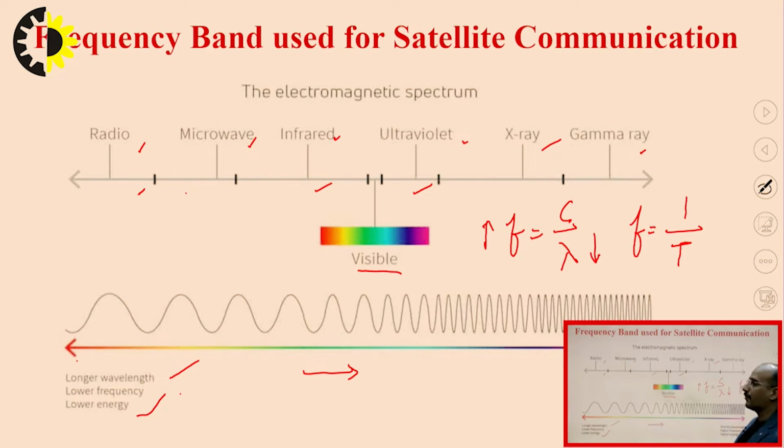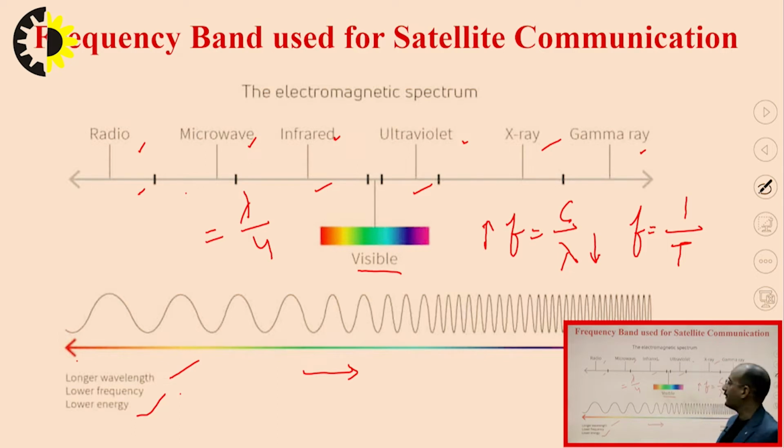Here I want to tell you one very special point: whenever you want to design an antenna for a system, because the antenna is a very major part of a satellite communication system, the antenna height is always lambda by 4.